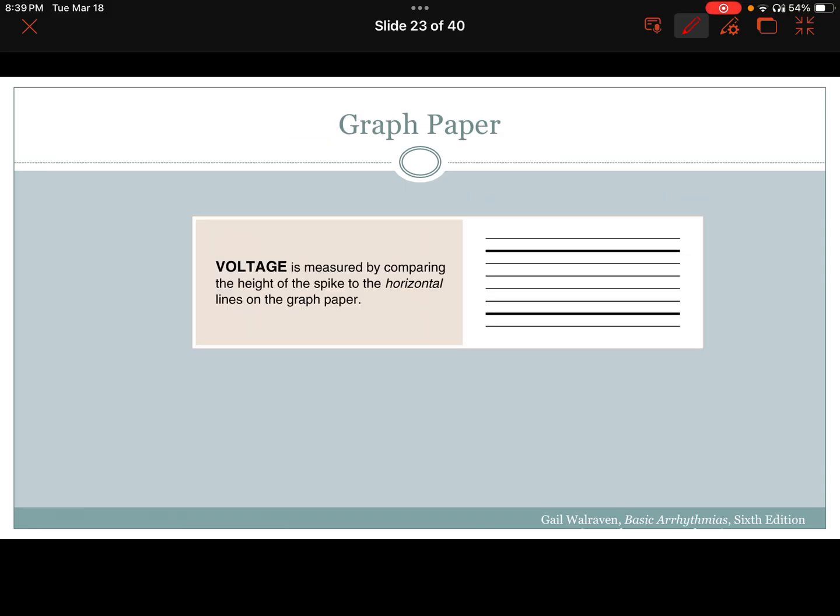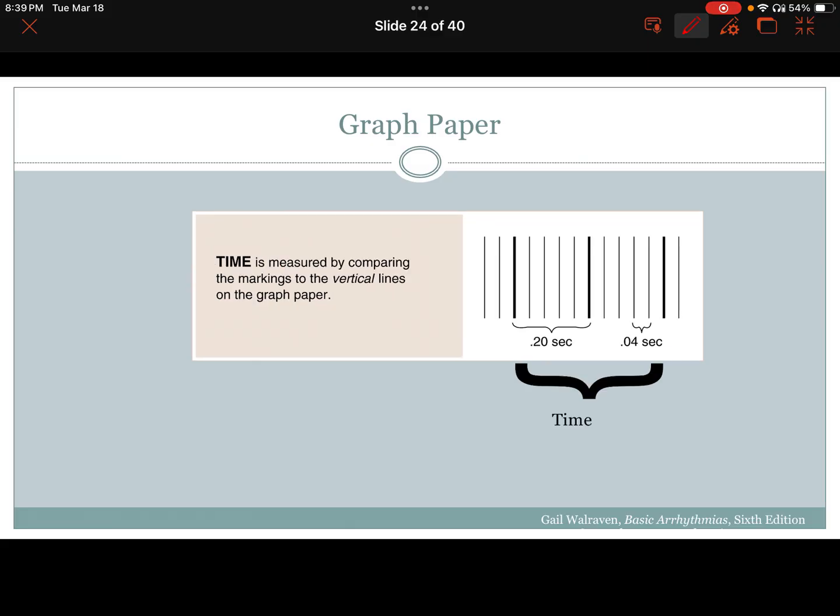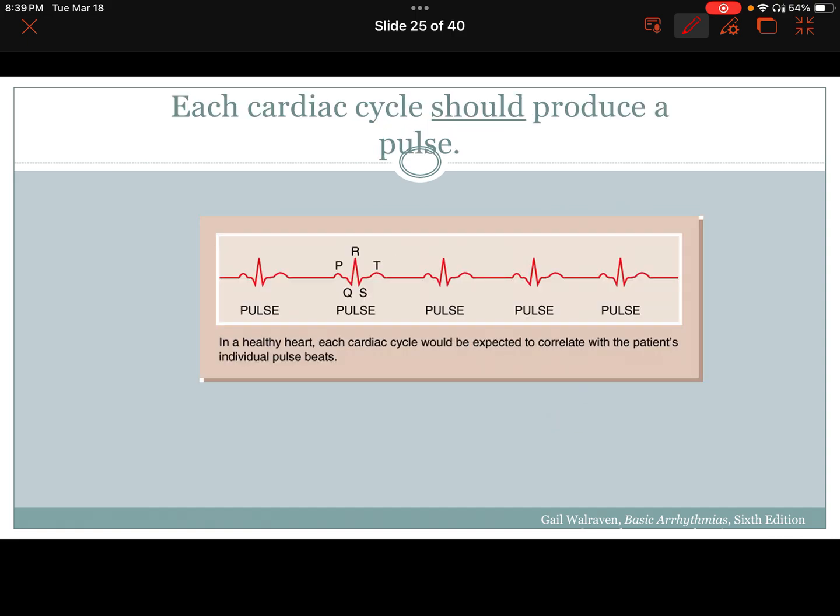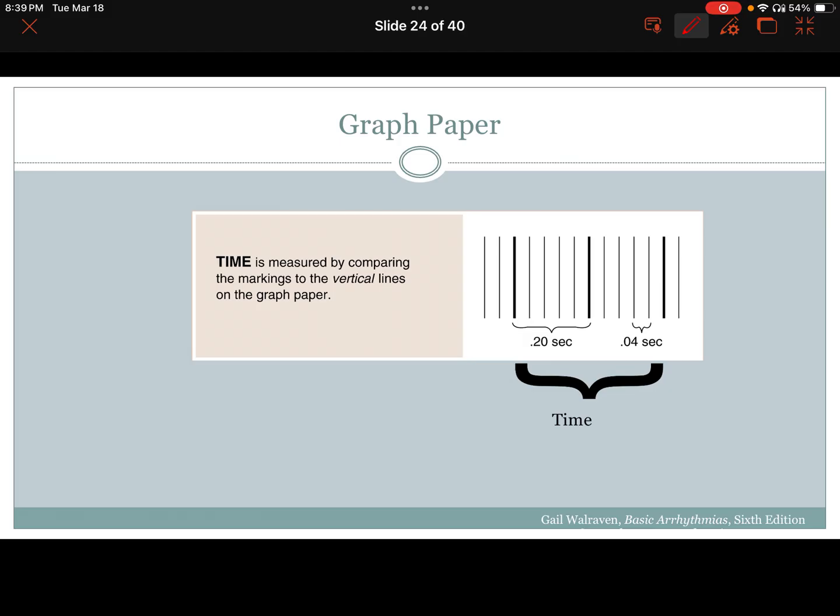Now with your graph paper, you have the ability to measure in voltage. So it's comparing the height of the spike on the paper. So it's looking at how high it goes. That's your voltage. And you can also measure in time. So this is important when you're looking at the graph paper. You will see that you've got these really dark shaded points, and then you have the little light ones in between.